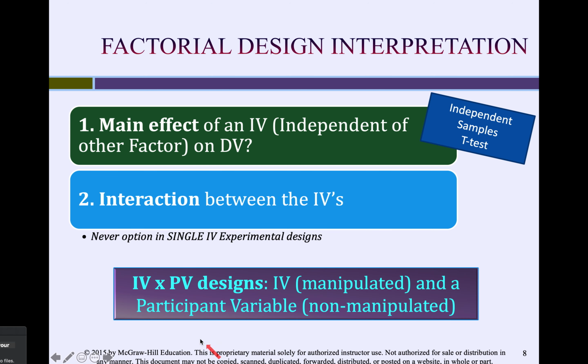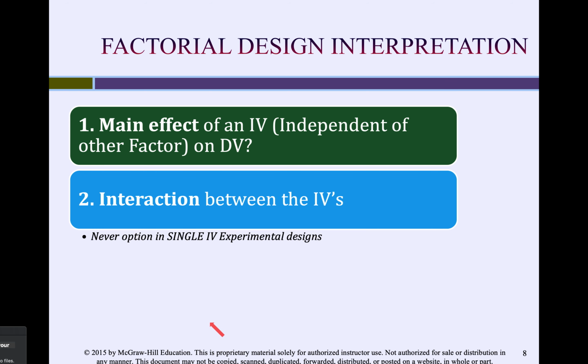You could also have something called an IV by PV design, where the independent variable is manipulated by the researcher, but you could also have something called a participant variable. This is something that's non-manipulated and something that the participant comes with. Some of you have IV by PV designs because you're looking at something like gender or ethnicity, right?